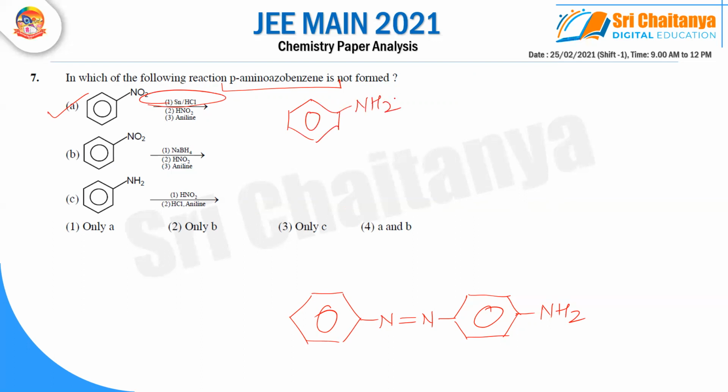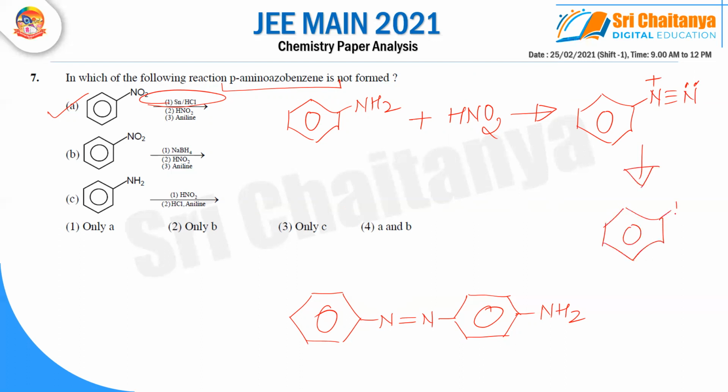Then you have HNO2 and aniline. Because of HNO2, you're going to form a diazonium here. Now this diazonium is going to react with aniline again, and it is going to give you p-amino azobenzene. This is like an azo dye test of diazonium.